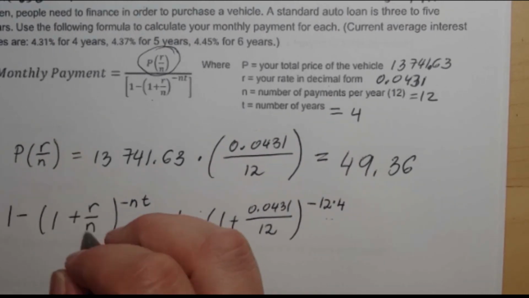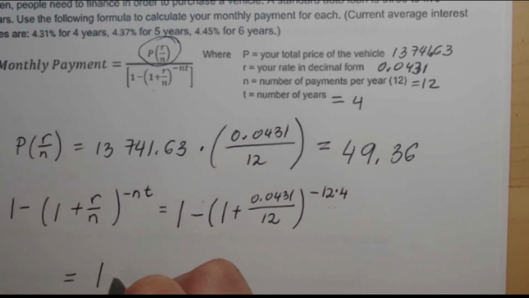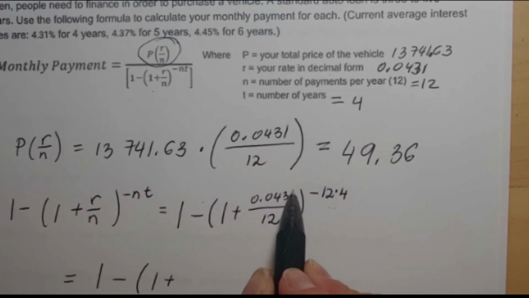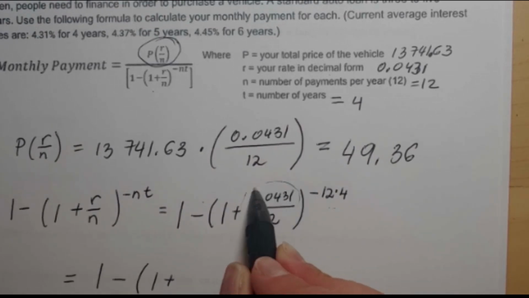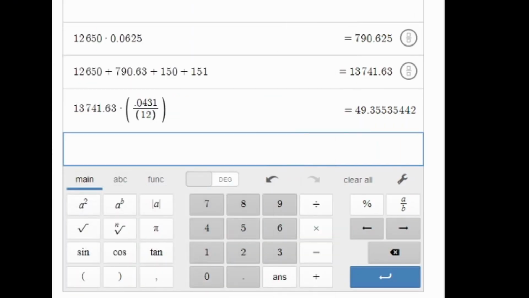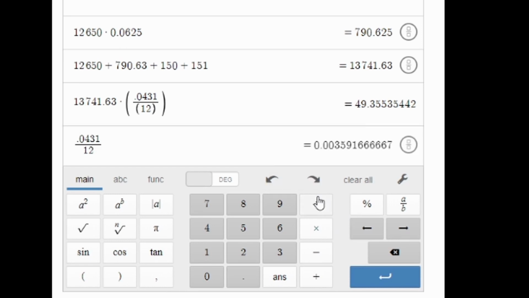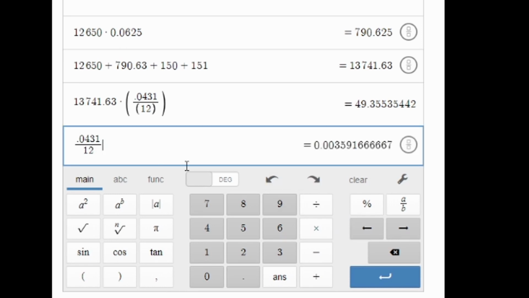Okay, exponents first. So let me simplify it a little bit. 1 minus 1 plus, I'm gonna divide this so I know the number here. So I'm gonna take 0.0431 divided by 12. Okay, and I'm gonna add 1 to this.